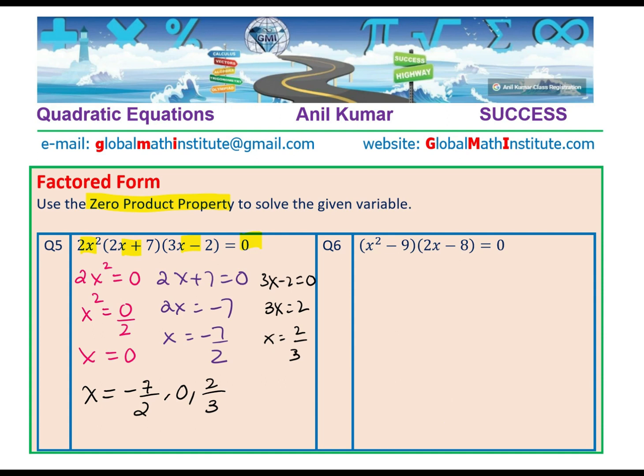Perfect. So here in this equation, we'll equate x squared minus 9 to 0 and 2x minus 8 to 0. Now here is something interesting to learn. When I isolate x, I get x squared equals 9. What is x equal to? Of course, many of you will take the square root of 9, but some of you will place plus or minus.